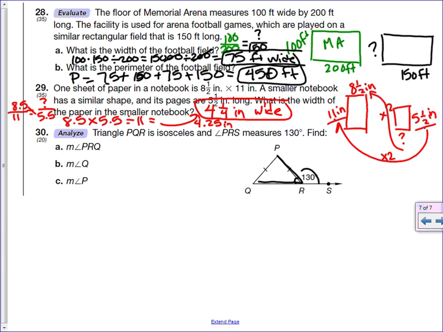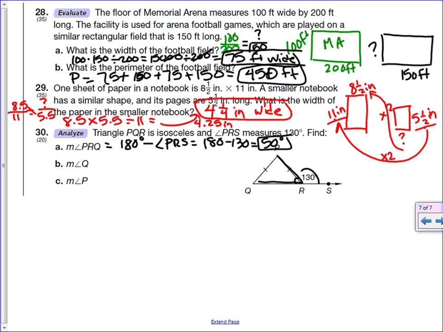So PRQ is 180 degrees minus angle PRS, which is 130, which is 50 degrees.